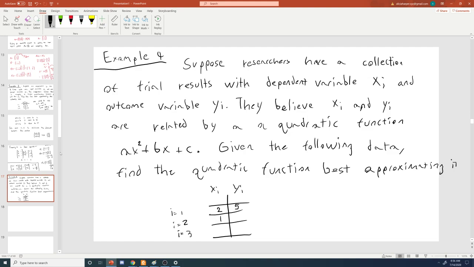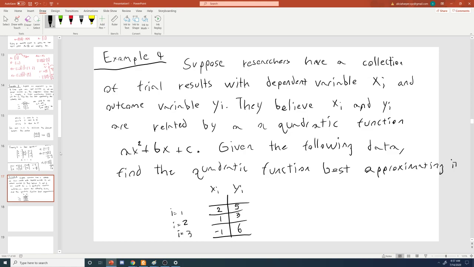When we put 1 in, we're going to get 3. And when we put negative 1 in, we're going to get 6. So what we want to do is find the quadratic function best approximating this data.